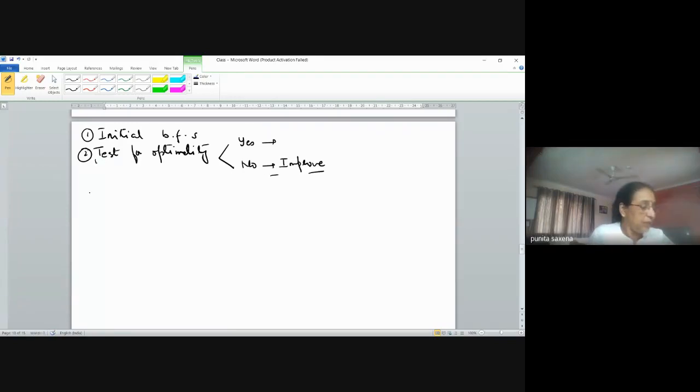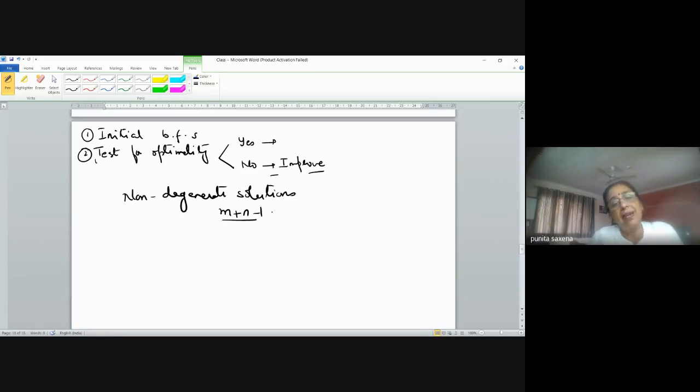Before we begin, we will be talking of non-degenerate solutions only. That means we have to be very sure that the positive allocations that we have made as a consequence of the initial basic feasible solution are m plus n minus 1 in number.